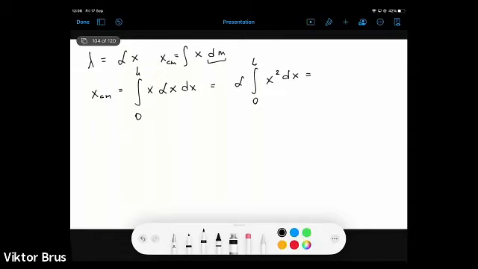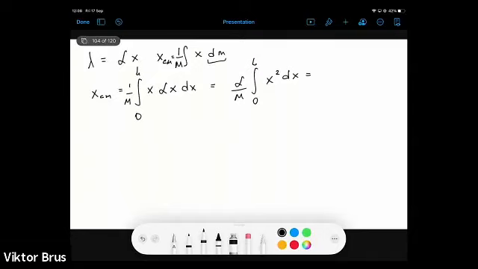And sorry, actually I forgot something important. Here should be 1 over m, which is the total mass. So here will be 1 over m and alpha divided by m.